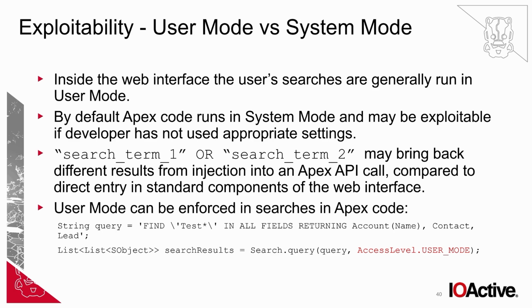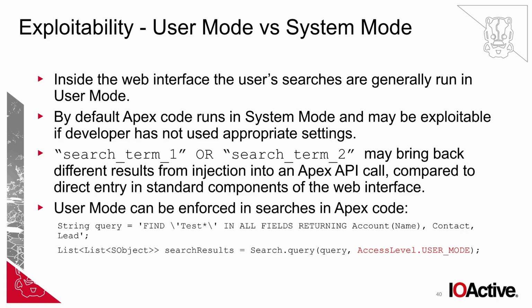So again, as part of a code review situation, you would want to look at whether user mode is being enforced on the searches. Not running in user mode isn't an issue in itself, because obviously there can be a situation like, say, a help desk situation where each user has created their own help desk tickets, but you might want someone to be able to search all tickets.